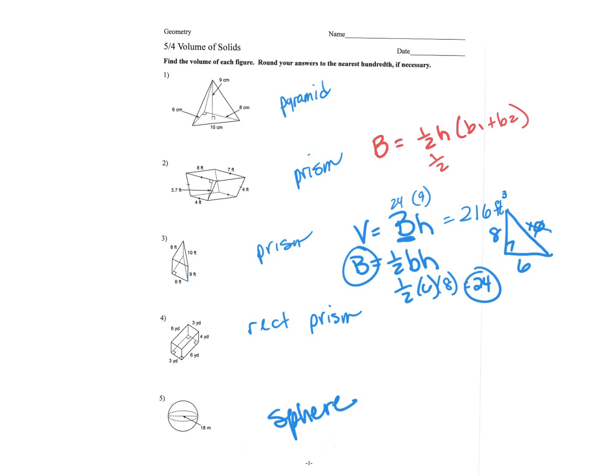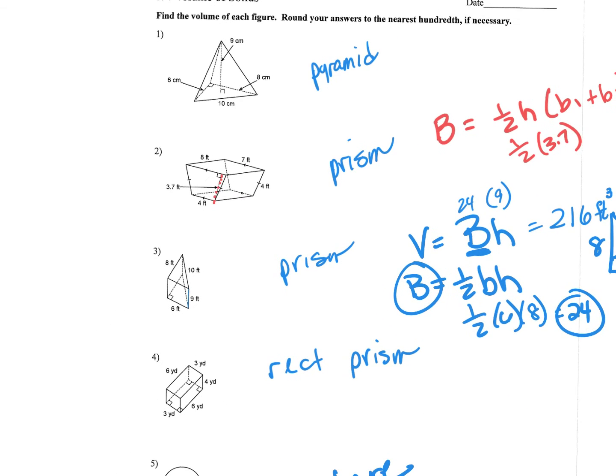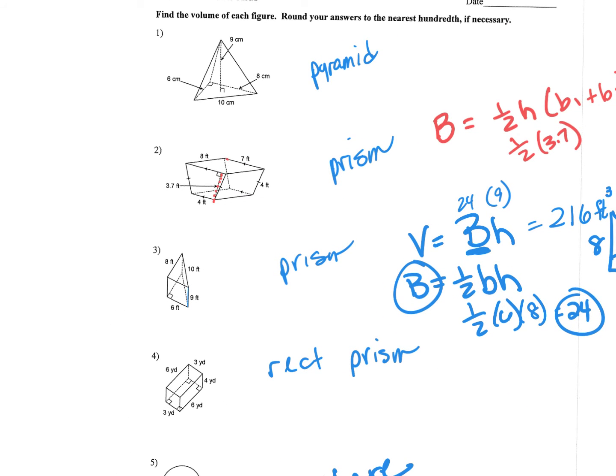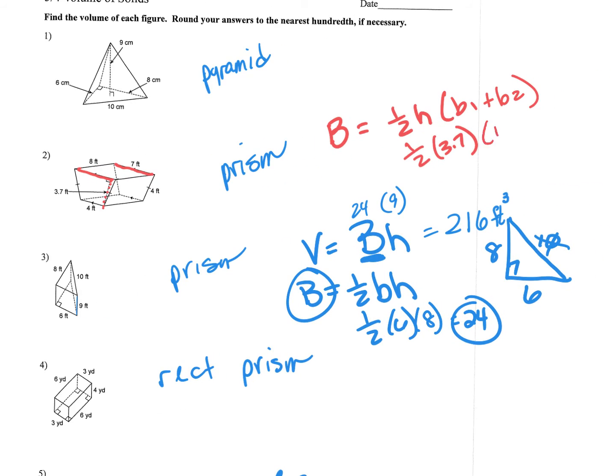The height of the trapezoid is how far it is from base 1 to base 2, which it says is 3.7 in that picture. You want to see it bigger? See the 3.7? Base 1 and base 2 are 4 and 7, because if this guy is 7, this guy is also 7. So it's going to be 4 plus 7, which is 11.